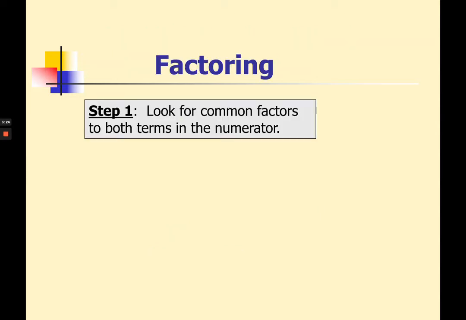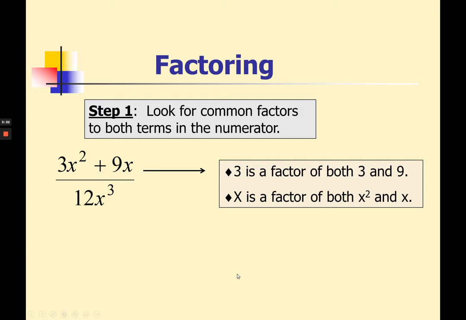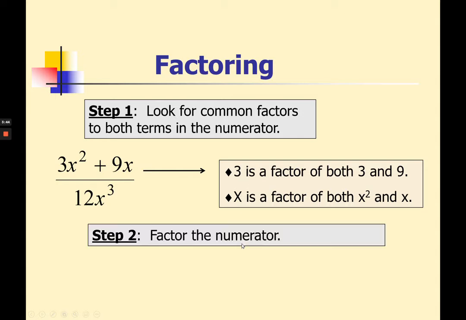How do you begin? First, look for common factors to both terms in the numerator. 3 is a factor of both 3 and 9. And x is a factor of both x squared and x. So our common factors are 3 and x. Factor the numerator using 3x.